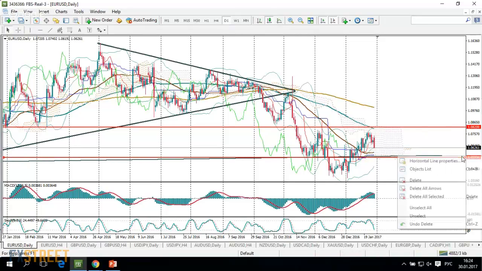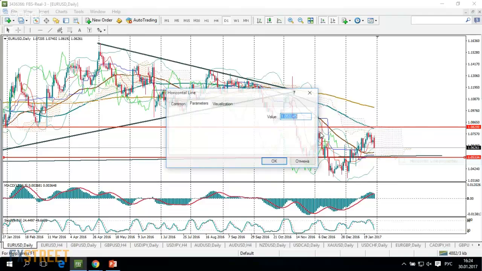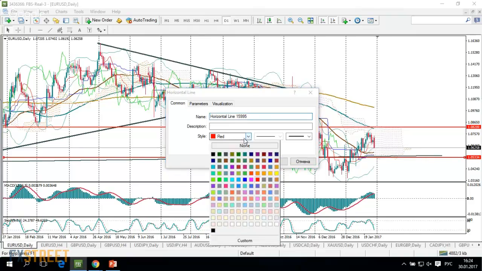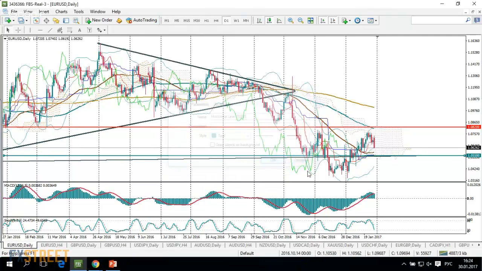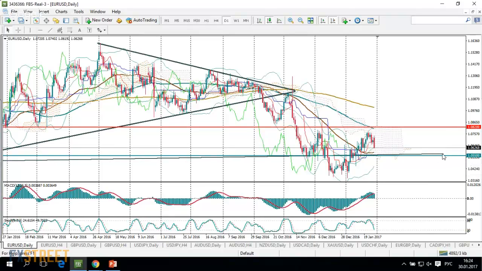This is located around 105.50 if we don't have to be very precise, but it is somewhere here. So 105.80, 105.50 is what we can see from this daily chart.